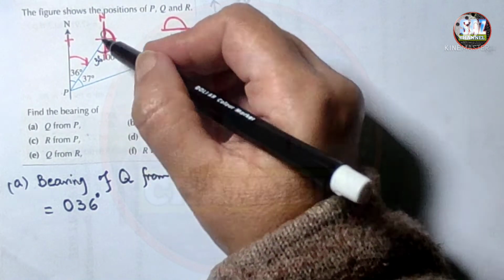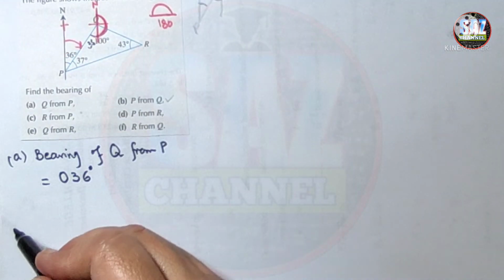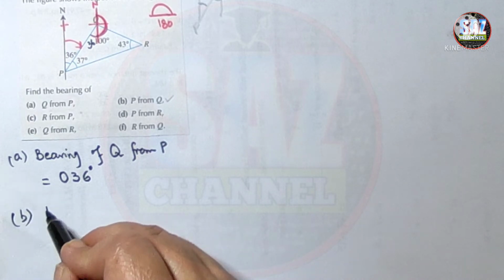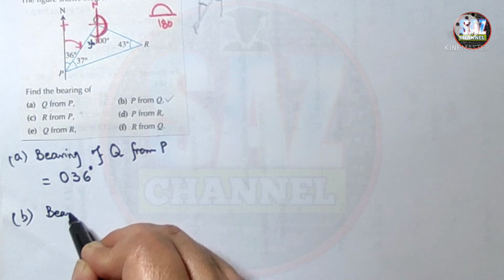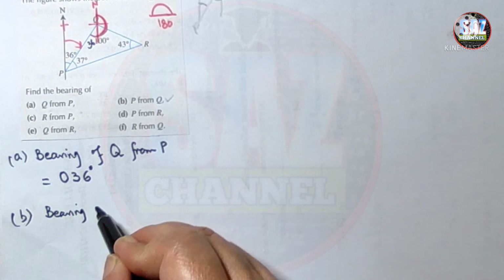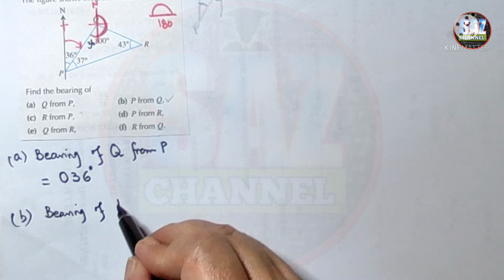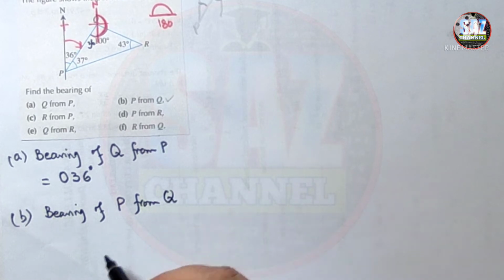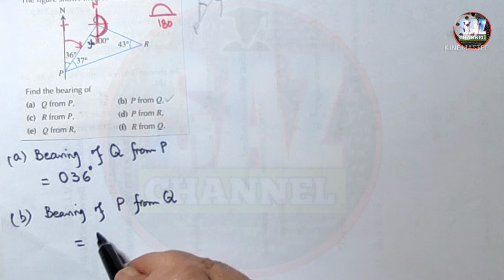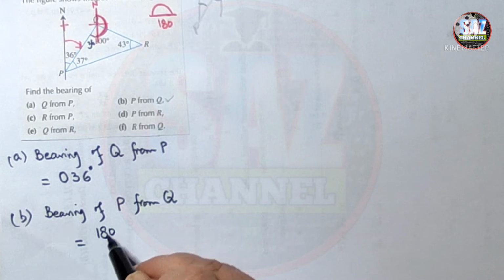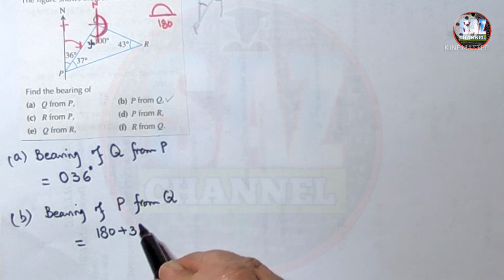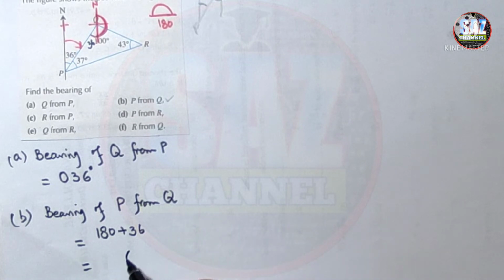So it means that the bearing of P from Q is 180 plus 36, which gives me 216 degrees.